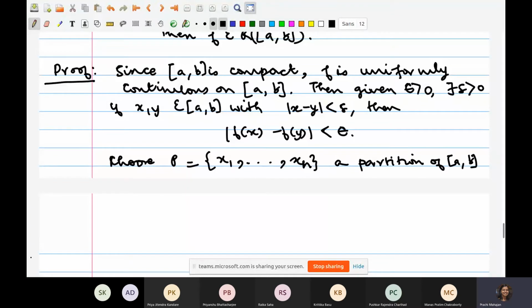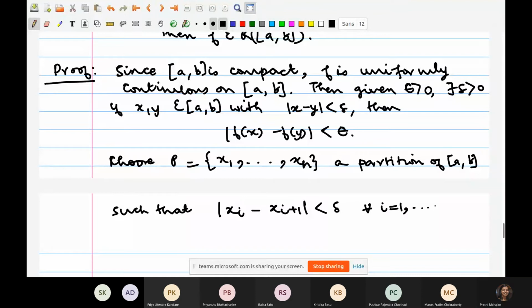such that for each subinterval, the length of this subinterval is at most delta, and this is true for each i. What is this delta?